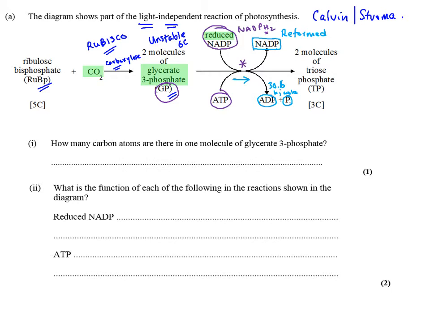So reduced NADP and ATP are both needed to reduce glycerate 3-phosphate into triose phosphate. So if we get 2 molecules of G3P, we're going to end up with 2 molecules of TP, as long as there is reduced NADP and ATP made from the light dependent stage.